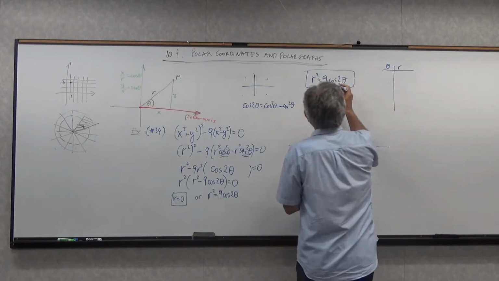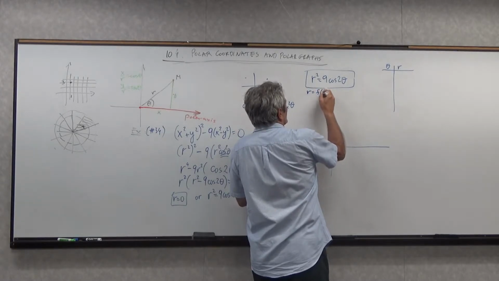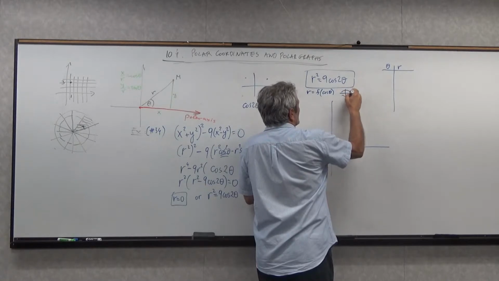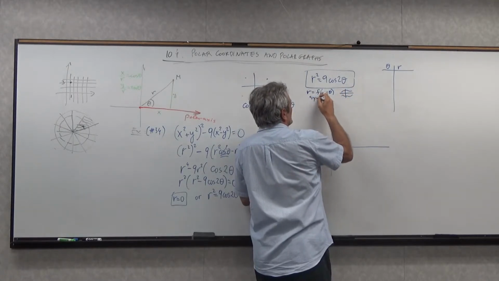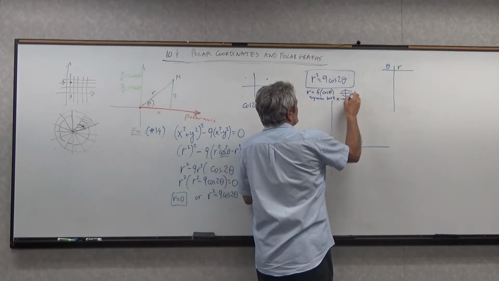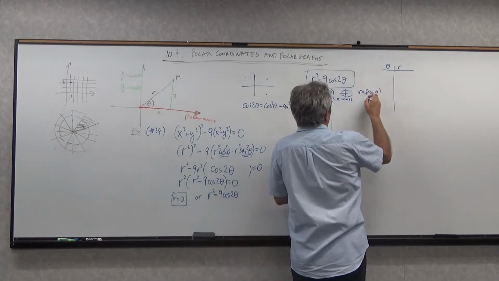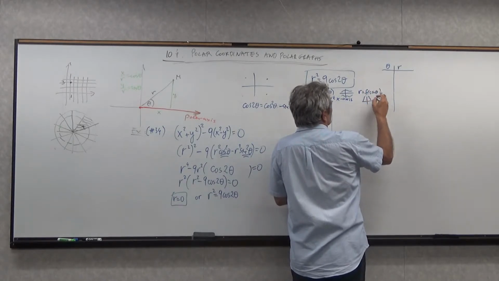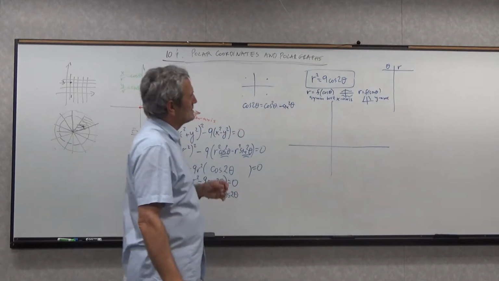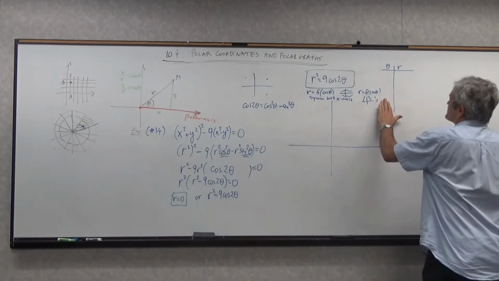If you have cosine, so r is a function of just cosine theta, then we have this symmetry, symmetric with respect to the x-axis. If it's exclusively of sine theta, then it's symmetric like this with respect to the y-axis. There's one more symmetry, but these two are a good start. So this one will look the same up and down.